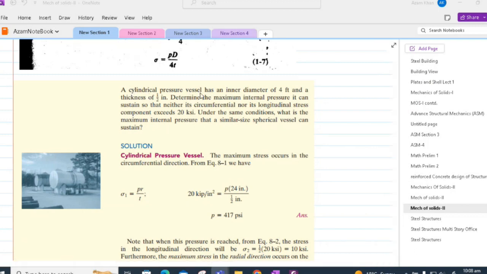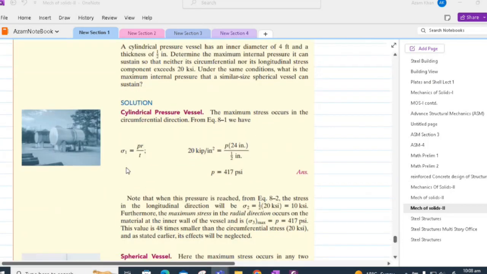A cylindrical pressure vessel has an inner diameter of 4 feet and a thickness of ½ inch. We are asked to find the maximum internal pressure it can sustain so that neither its circumferential nor its longitudinal stress components exceed 20 ksi. The second part is that under the same condition, what is the maximum internal pressure that a similar sized spherical vessel can sustain?